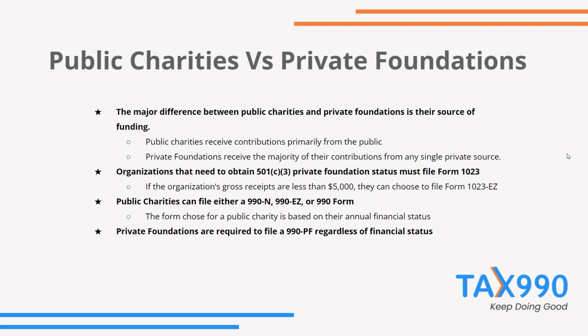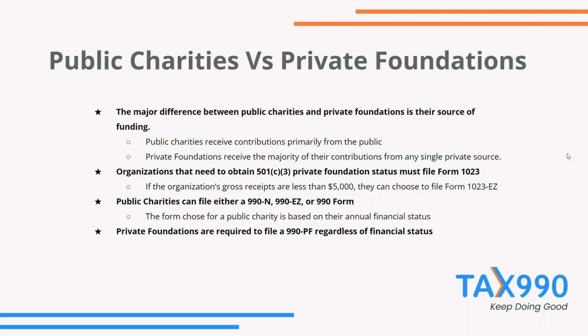Organizations that need to obtain 501(c)(3) private foundation status must file Form 1023, Application for Recognition of Exemption under Section 501(c)(3) of the Internal Revenue Code. If the organization's gross receipts are less than $5,000, they can choose to file Form 1023-EZ based on their answers on the eligibility worksheet.